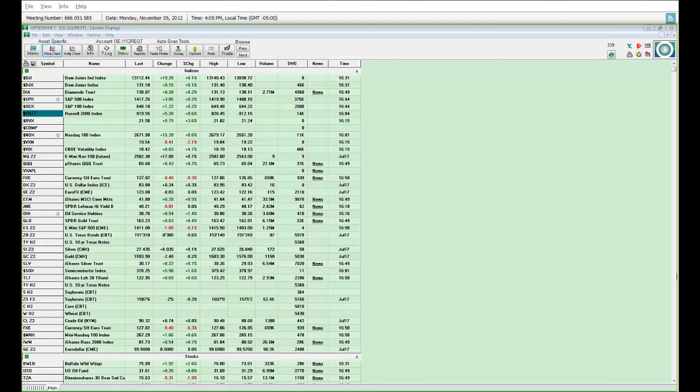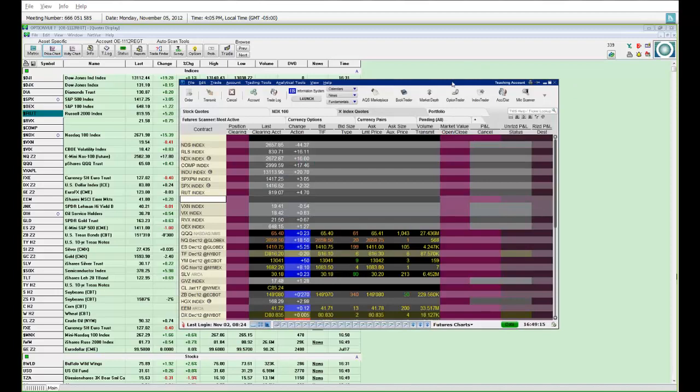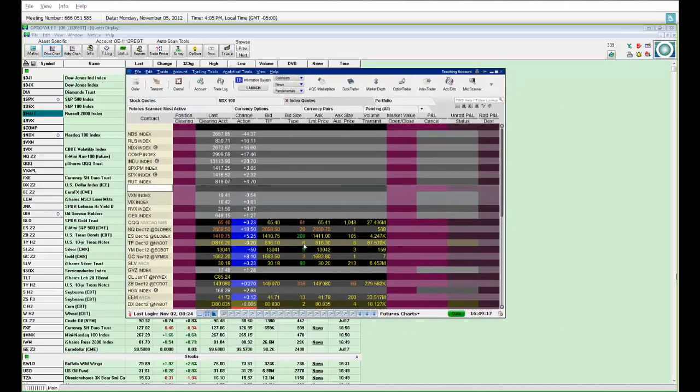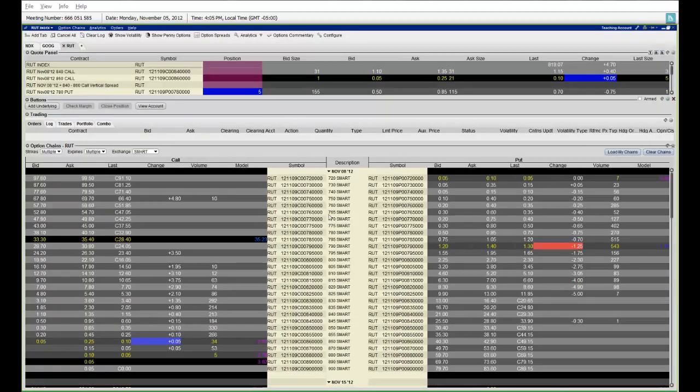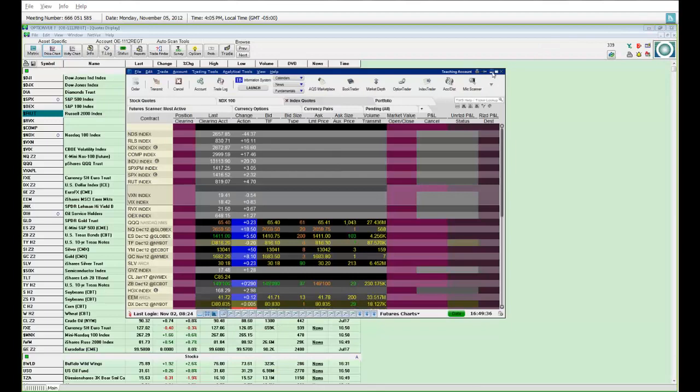I guess I might as well show you my trading platform. This is where you find options. This is Interactive Brokers. You've got quotes just like any other place. These are option strings. I don't want you to get confused, but this is how you find them. It's easy to come across all this stuff.